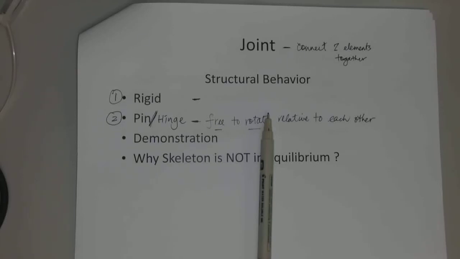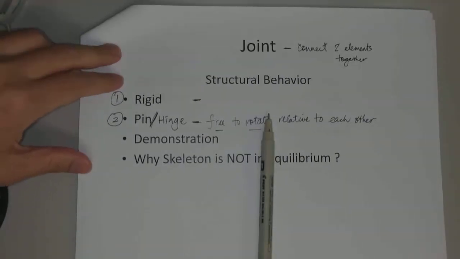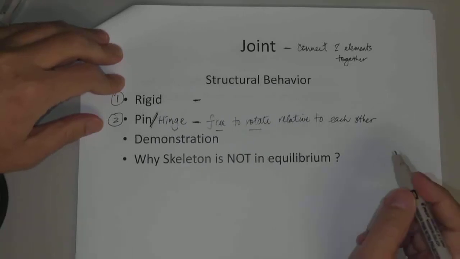Element 1, element 2, door frame. Okay, it's free to rotate relative to this. Other examples? All these up here. Right, so that's the pin or hinge.